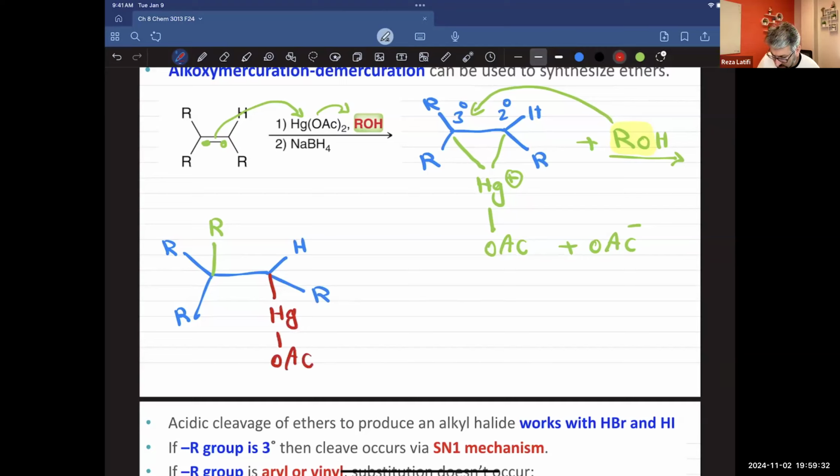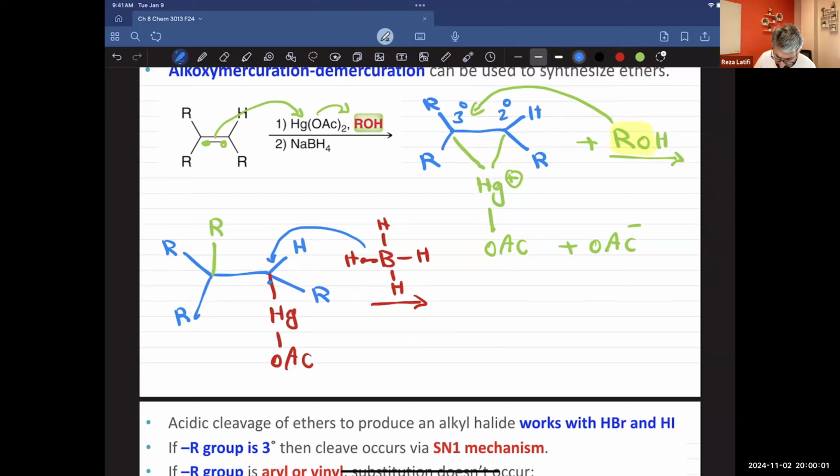Okay. And next step, this one is going to react with the sodium borohydride. And hydride with 2 electrons will attack this carbon, and it will kick the mercury out.